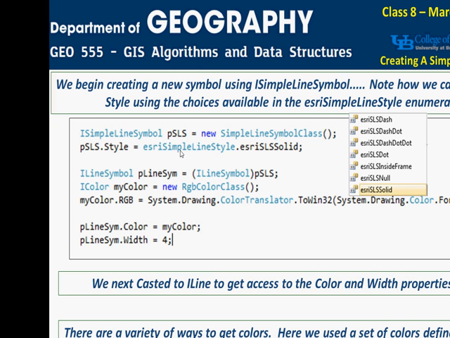It has a color translator in it, and from that you can pick from a set of 200 or so named colors, like forest green, for example. I used the Windows System.Drawing color namespace here, but ESRI also has their own classes in their namespace to get colors, and we'll see some examples of that as well. There's a number of ways to get at color.